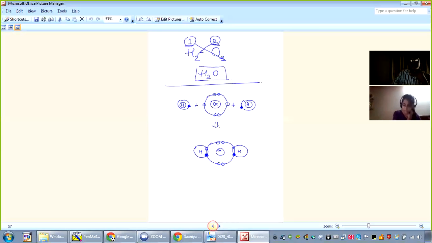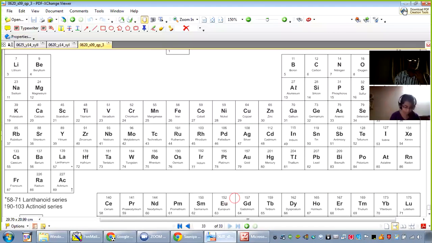So, sir, lithium is 7. I'll just give you the periodic table. Just look at the periodic table here. First thing, what will you have to get about lithium? What is the first thing that you'll have to get? The atomic number.